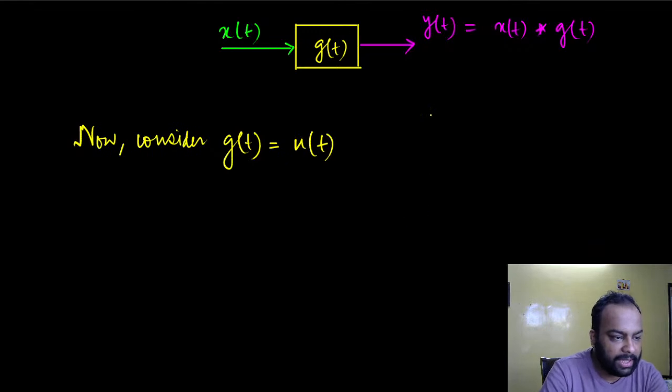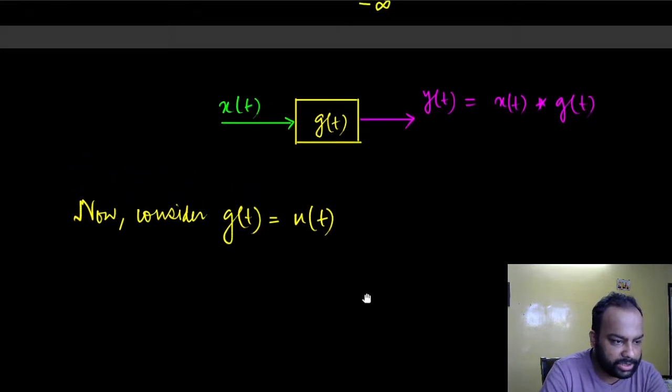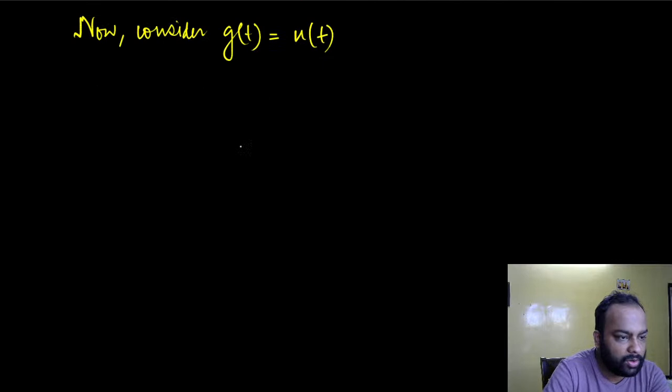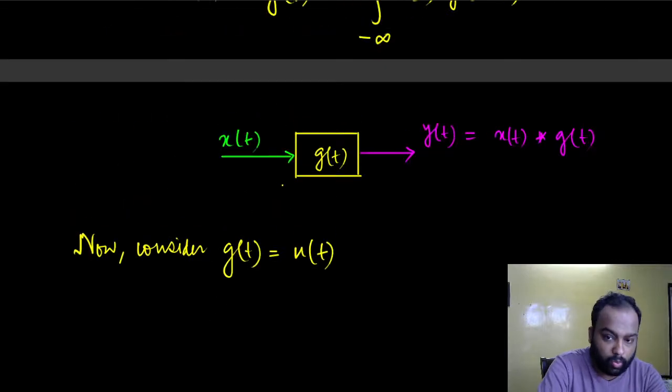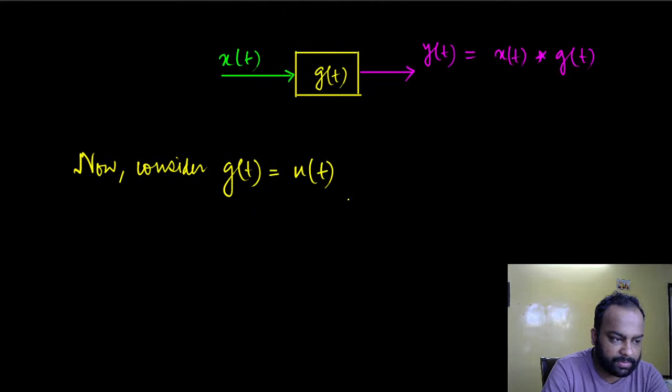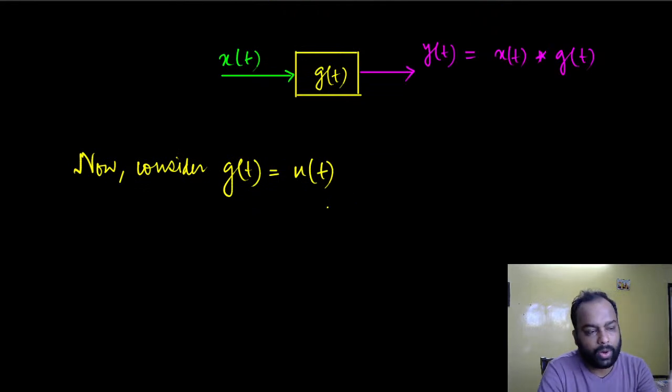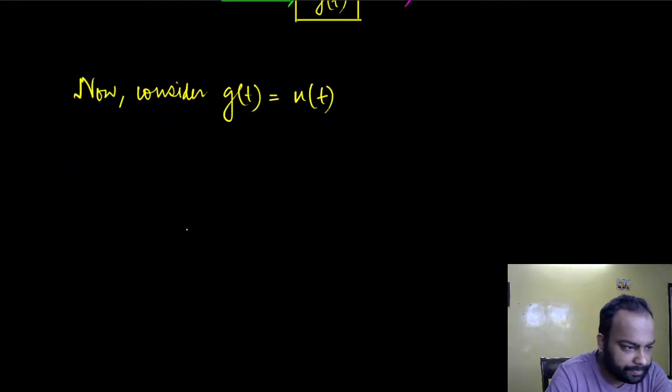It means that if I provide an impulse to the system, the output would be a unit step, because that's the impulse response of the system.